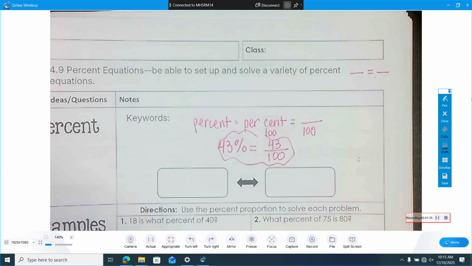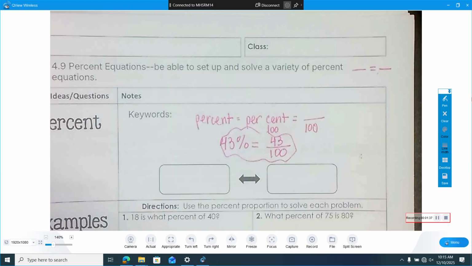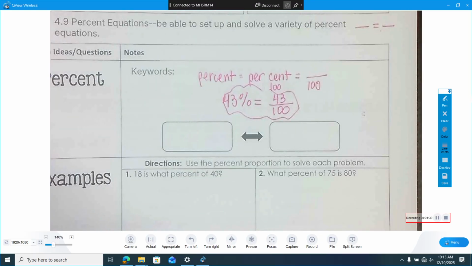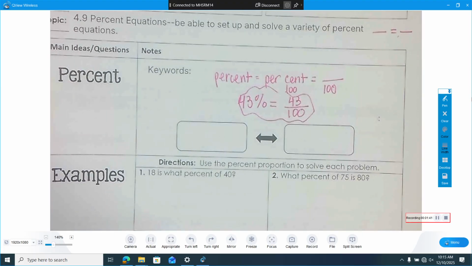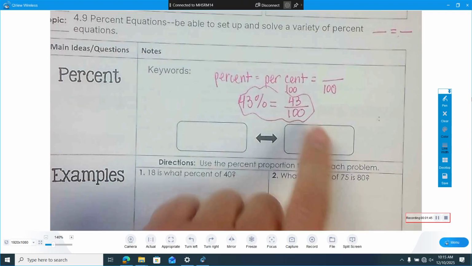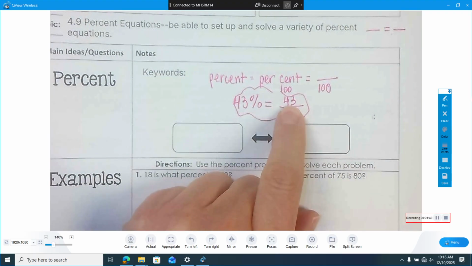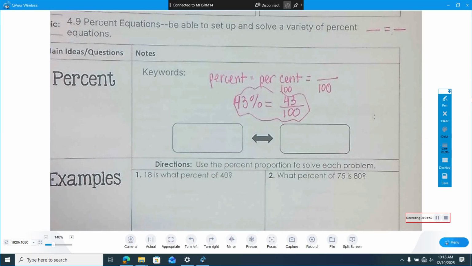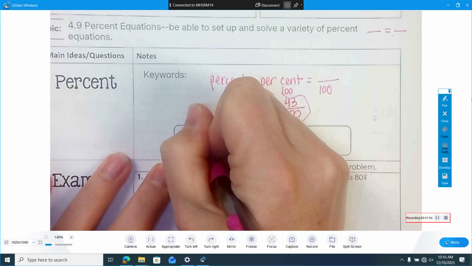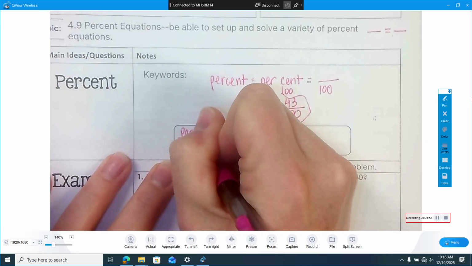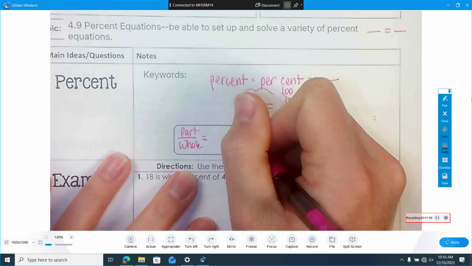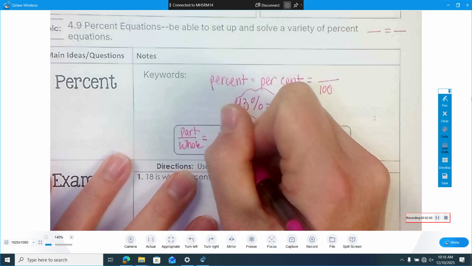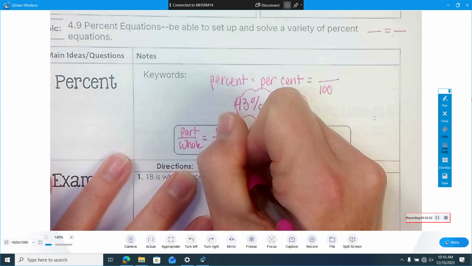Now, some other keywords you want to look out for, depending on the problem and the wording. A proportion is really just giving us a part out of a whole. And so here, percent means we got 43 parts out of 100. All we're doing is setting up the part to the whole in comparison to the percent number out of 100.